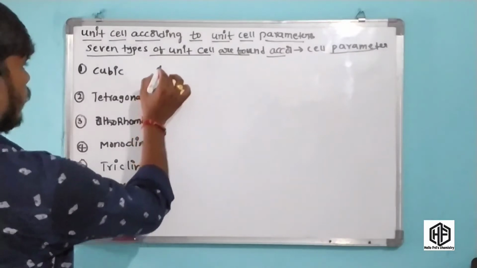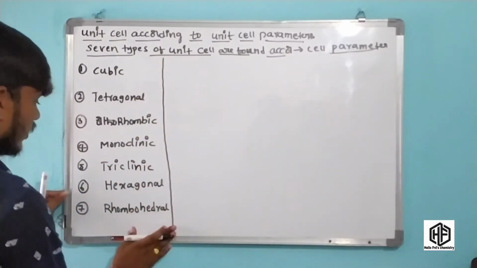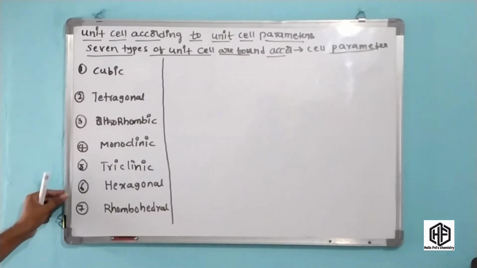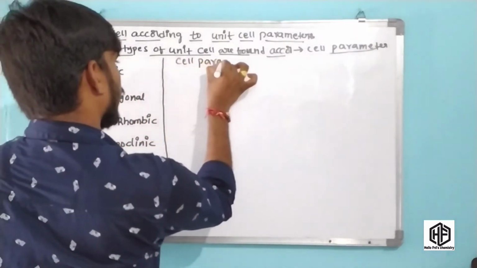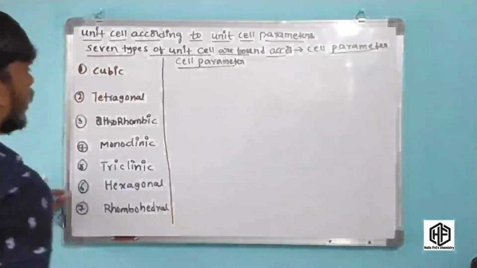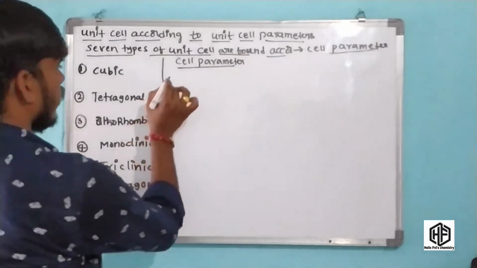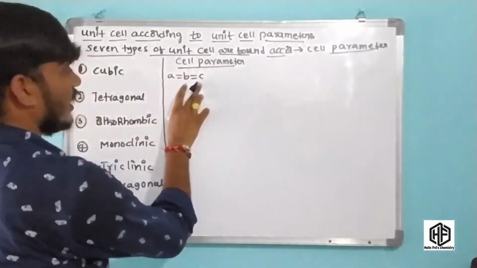Now, the arrangement of cell parameters in these 7 crystal lattices. The first one is cube. In a cube, a is equal to b is equal to c; all 3 edges are equal.